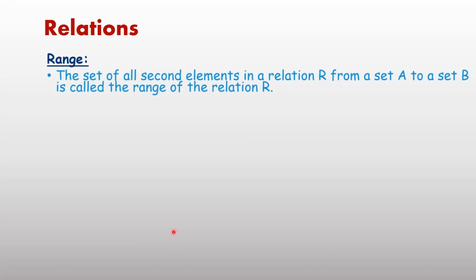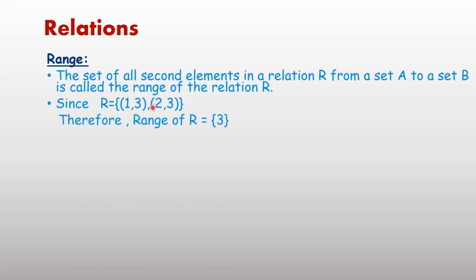Now next, range. Collection of second components of relation. If relation R is given as {(1, 3), (2, 3)}, then collection of second components is 3, 3. Since 3 is written 2 times, but as a custom we will write 3 only once in case of set. The range of R equal to {3}. And next, codomain.